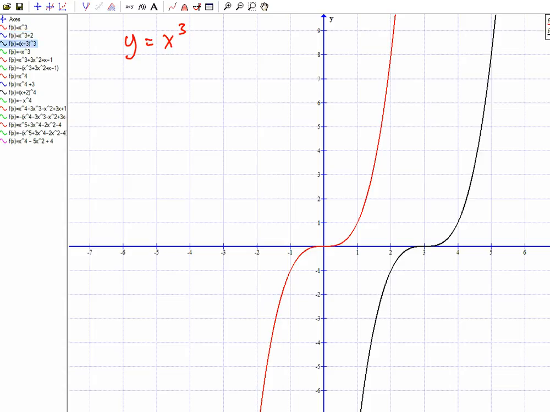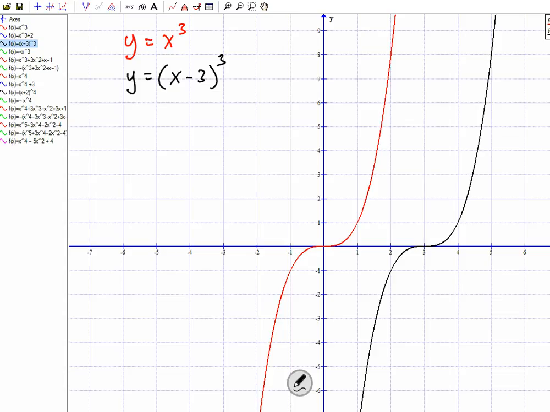All right, right at the bell, we were looking at the next scenario, and that was when we had y equals the quantity x minus 3, cubed. And this then moved the function 3 to the right. And I think you drew that already in your notes, yes? Okay.